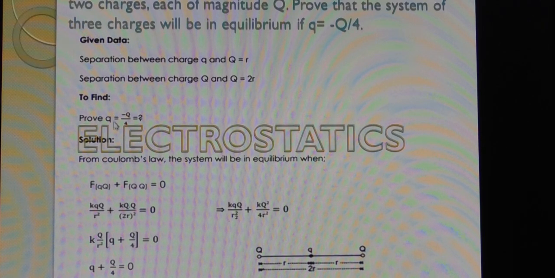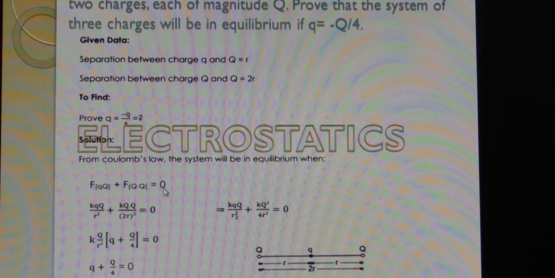What we have to find? We have to prove that q is equal to minus Q by 4. We are going to prove it. Now we come to the solution. From Coulomb's law, the system will be in equilibrium when F, that is the force on small q due to capital Q charge, plus force due to this charge capital Q on the other charge capital Q is equal to 0.